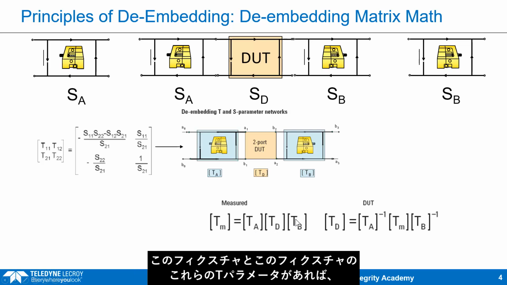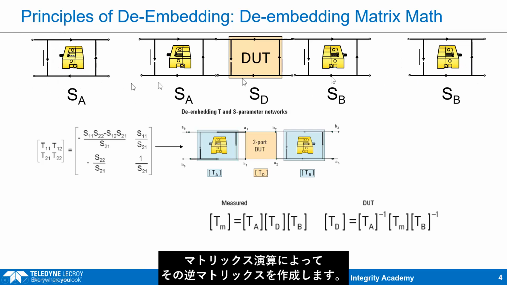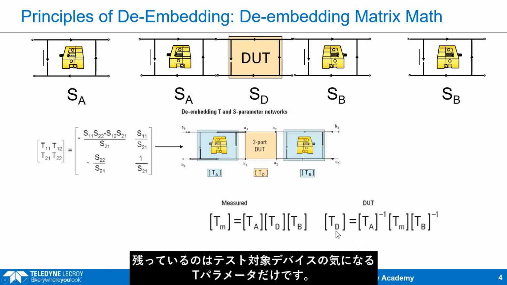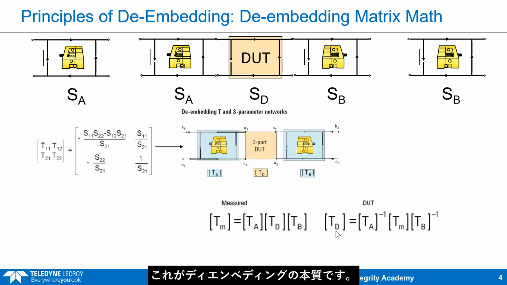Well, if we have the T parameters of this fixture and this fixture, through matrix math, we create the inverse matrix of that, and we literally multiply that on either side to the composite structure, and the fixture T parameters cancel out, and what we have left is just the T parameters of the device under test that we care about. This is the essence of de-embedding.